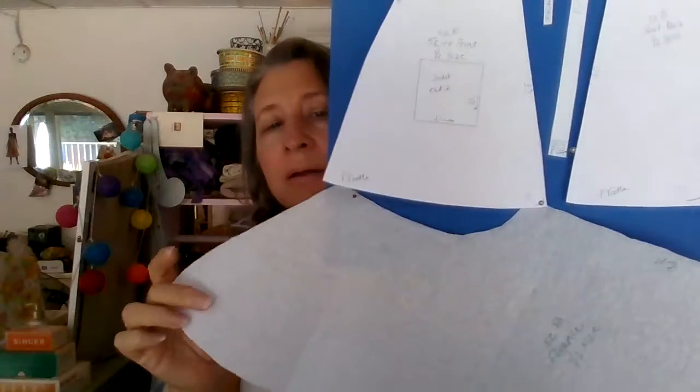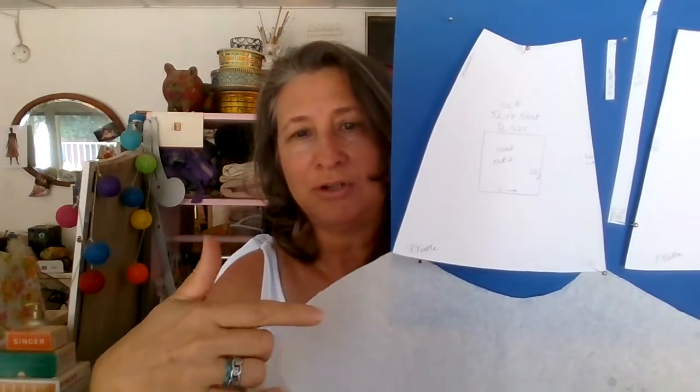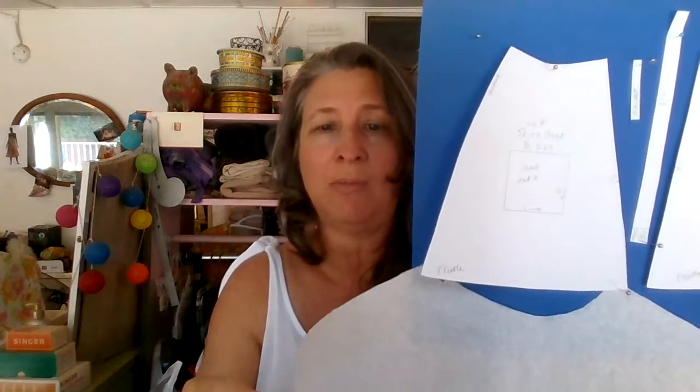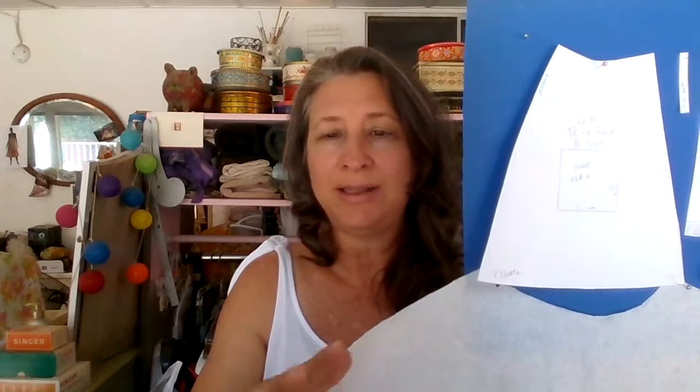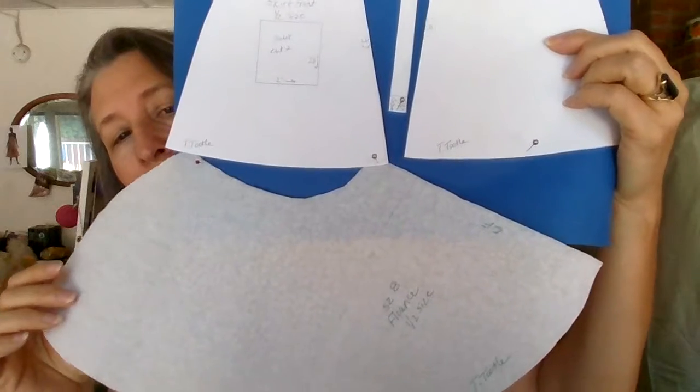I kind of went off the principles from the draping class when we flared. We draped a flared skirt around the waist. I kind of did that, but my curve looks a little funny, although it looked pretty cool when I attached it to the skirt, and it does do exactly what I want, and it looks just like my croquis and my sketch. So I think I was kind of on the right track there, but these are my pattern pieces.